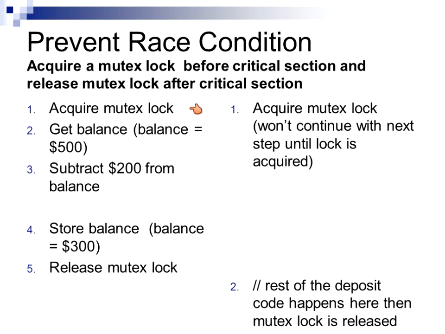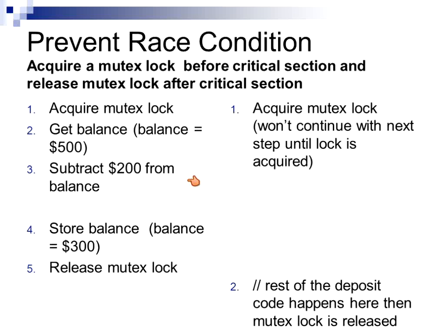So the husband would try to acquire a mutex lock, and then if he was manipulating the balance, the wife wouldn't be able to get to that balance until the mutex lock was released.